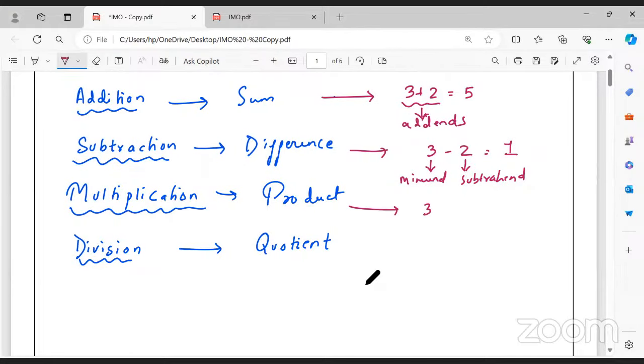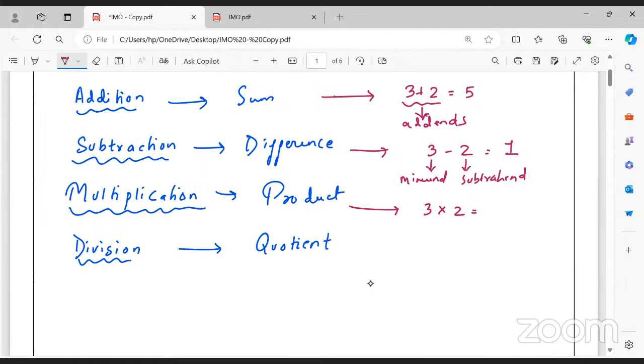Product, if I say 3 into 2 equals 6. What is 3? What is 2? 3 is called the what? Not multiple.